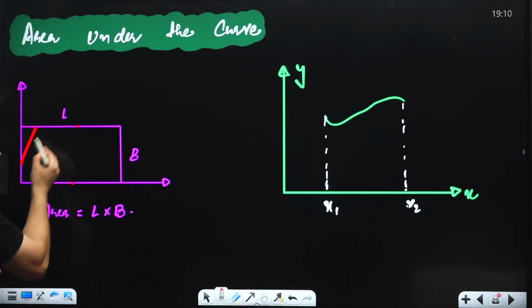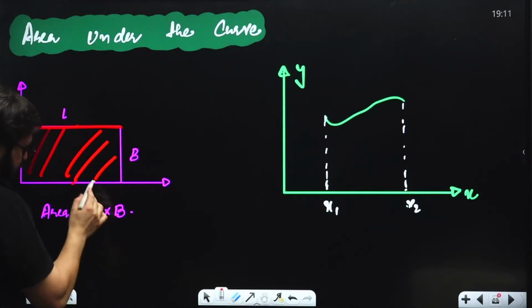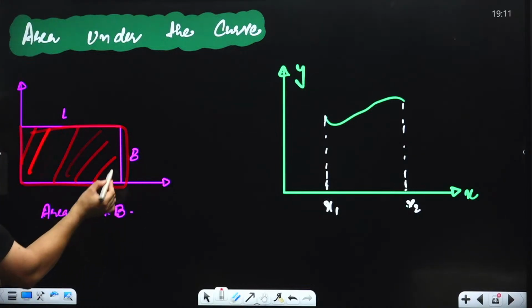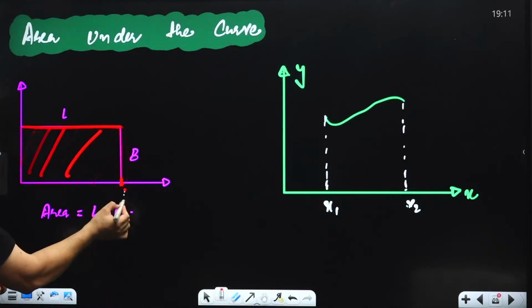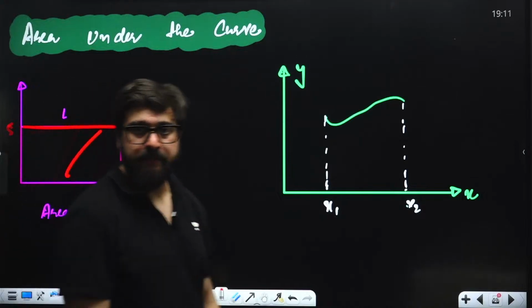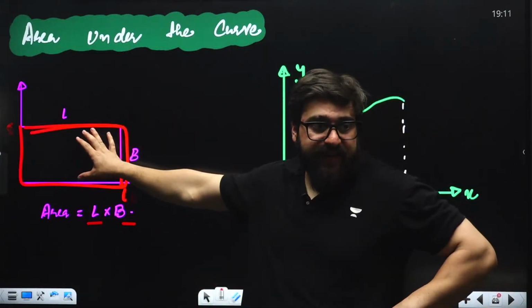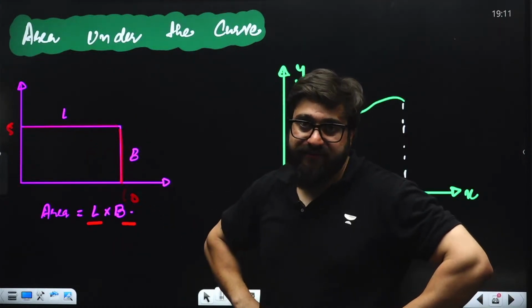If I ask you for the area under this graph, you say, sir, this is like a rectangle, so its area will be length multiplied by breadth. If the length is 10 and the breadth is 5, then 10 into 5 is 50. So in this case, we can easily find the area.